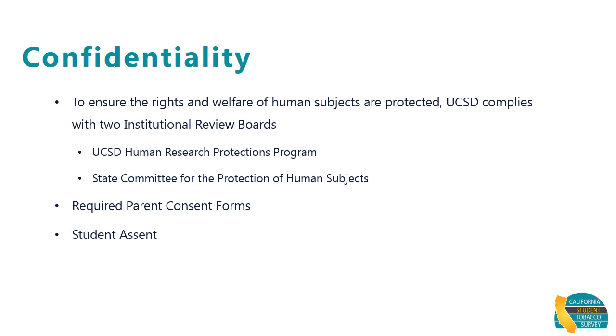Both the consent and assent forms will describe procedures for maintaining confidentiality. All survey submissions are anonymous and cannot be traced to an individual student. UCSD will retain all data collected from the survey in locked cabinets or in a password-protected database using a secure FTP website.